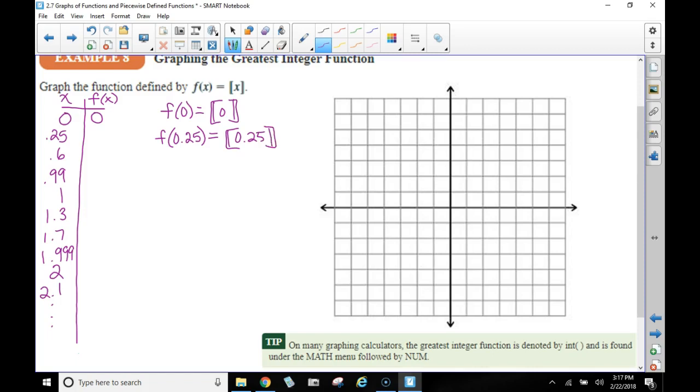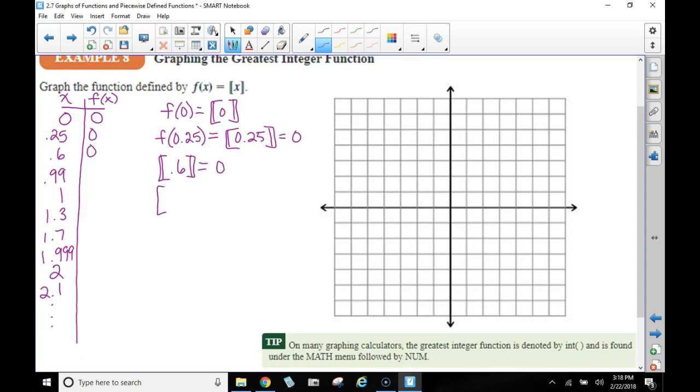That's going to be the biggest integer that is less than 0.25. We're going to kick that down to the integer 0. I don't want to write all that out every time. So what's the greatest integer that is less than or equal to 0.6? Kick that down to 0.